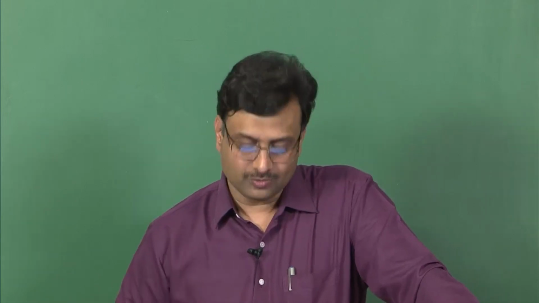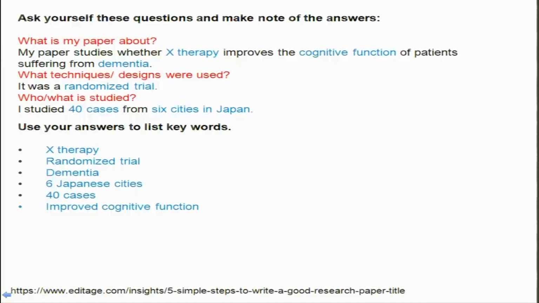Now these are the answers, one-liners for the 3 important questions. That is, what is my paper about, what technique, design or method I used, and what I studied, and of course what was the outcome is also covered in the very first question. Now you have to generate keywords, right, and these are the keywords that are identified.